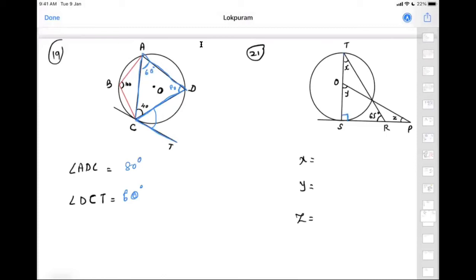If you are taking this blue triangle, this will become 25 degree. So if this is 25, this will become 50 degree. The angle at the center is double. So x is 25 degree, y is 50 degree, and z is 40 degree. Again, by the angle sum property of a triangle for the green triangle, this one.